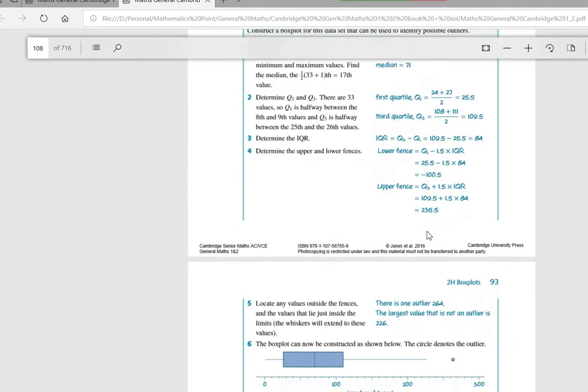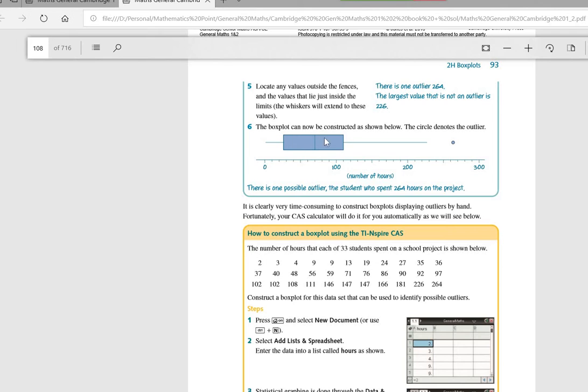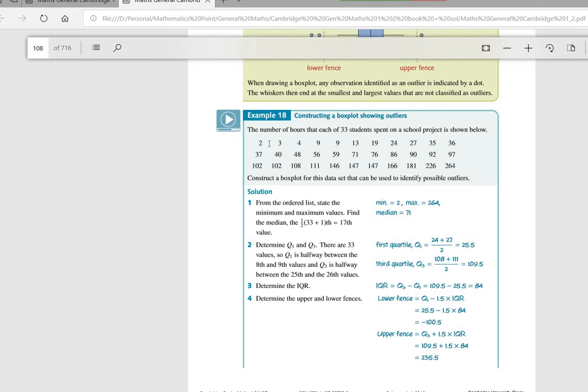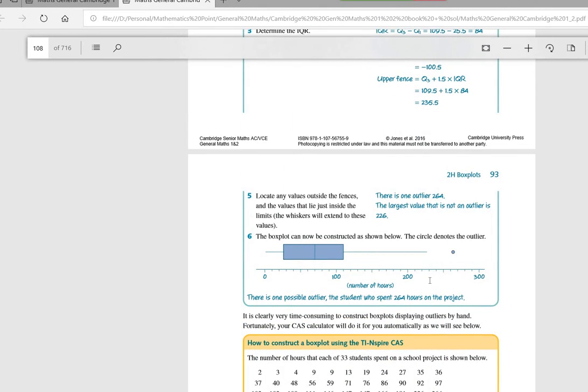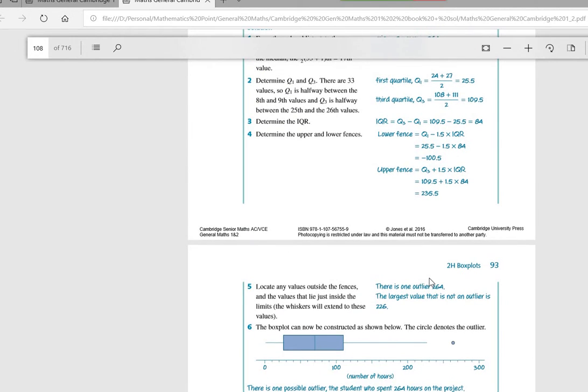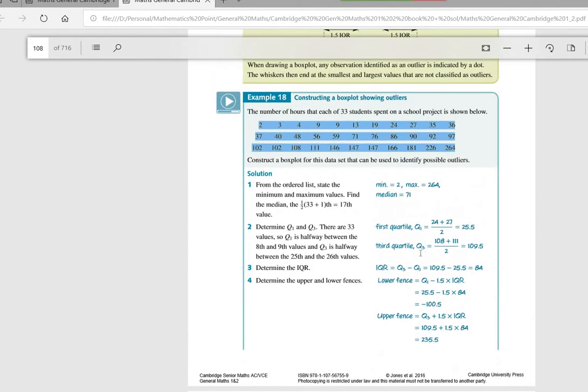So you found the two fences, and you draw this graph, and then you start analyzing all the data values here. Anything less than negative 100.5 or greater than 235.5 is an outlier.